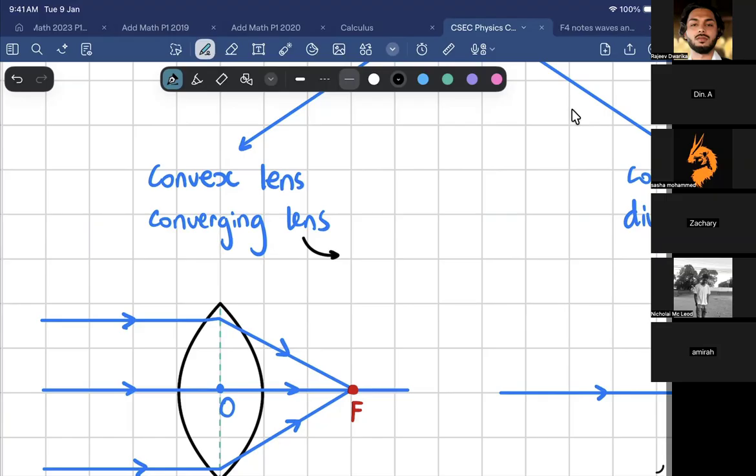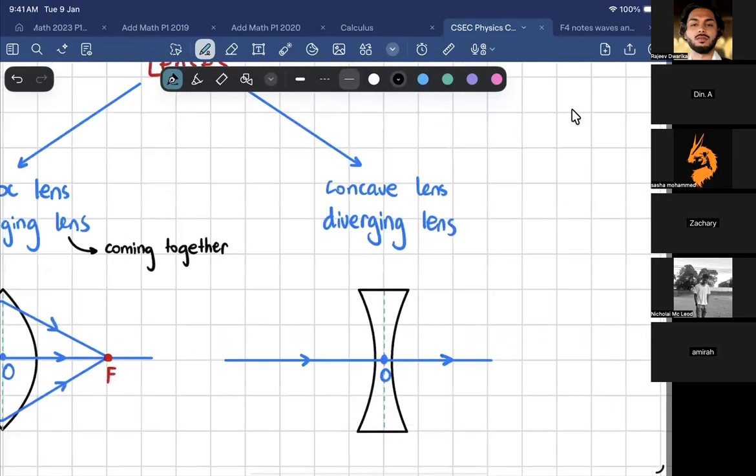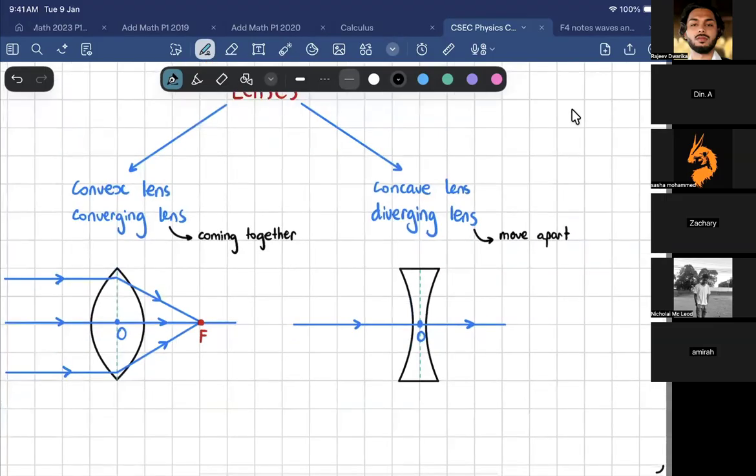I haven't done geography in a long time. But when you hear convergent, I want you to think of coming together. Right? So Sasha, now you know. And divergent means to move apart. They're moving apart. Cool.